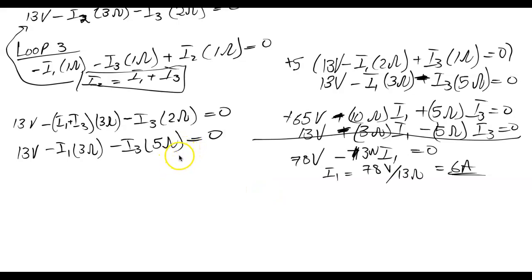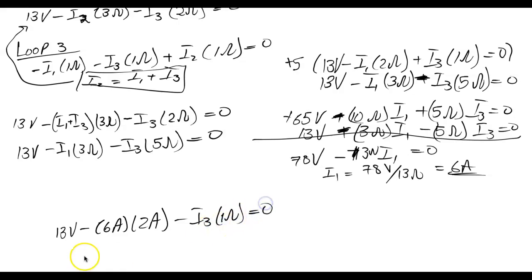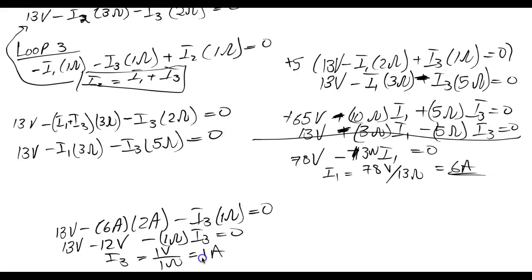If we take this and plug it back into the equation, 13 volts minus I1, which is 6 amps, times 2 ohms, minus I3 times 1 ohm equals 0. Gives us 13 volts minus 12 volts minus 1 ohm times I3 equals 0, or that I3 equals 1 volt over 1 ohm, which is 1 amp.